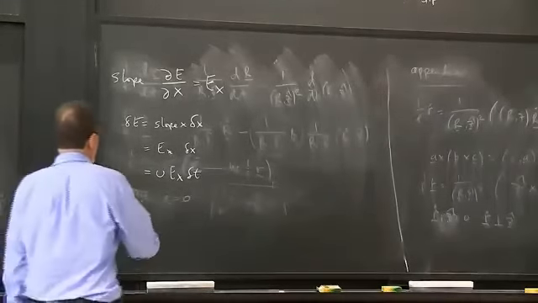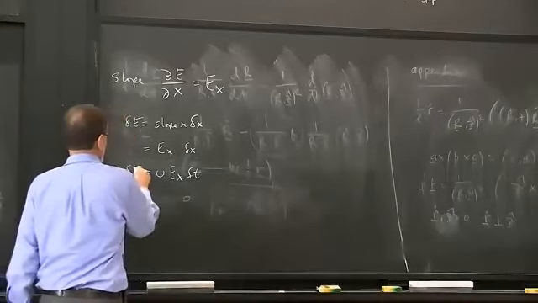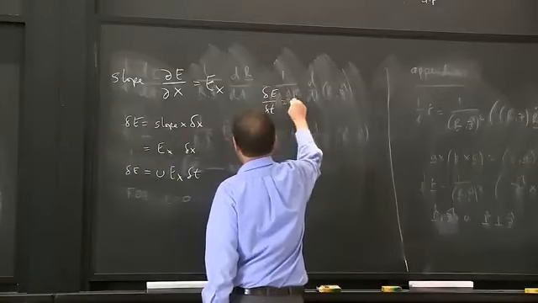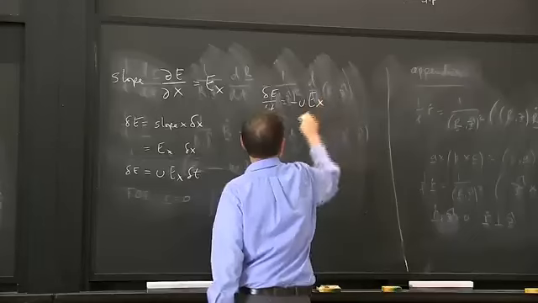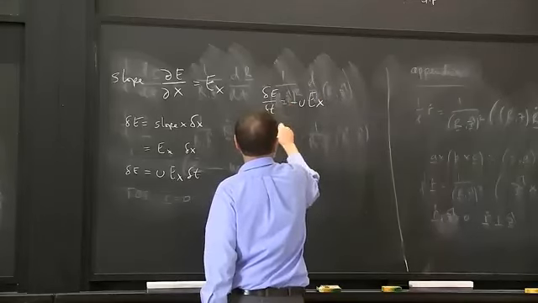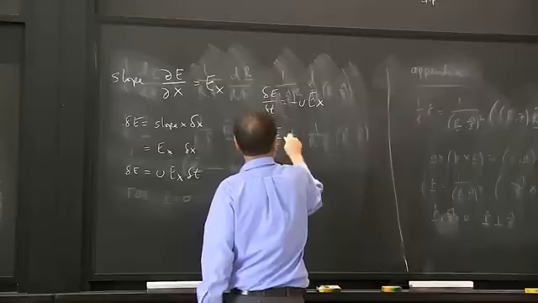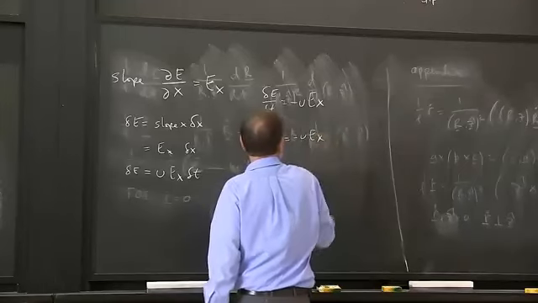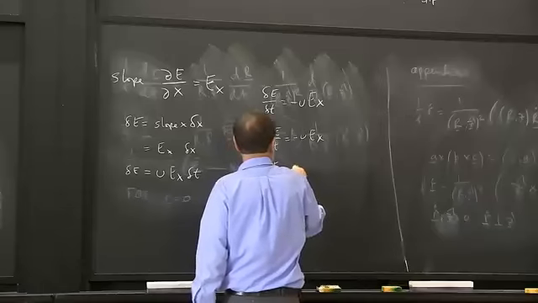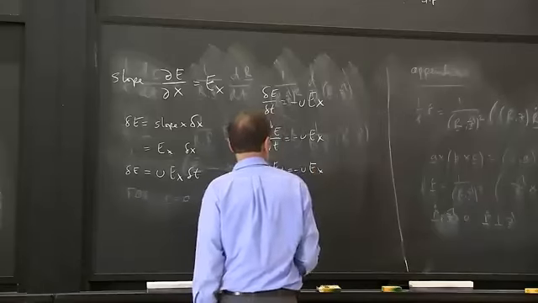Okay, so now let me divide through by delta t. And this, I guess, in the limit, as I take smaller and smaller time steps, is going to be that partial derivative.